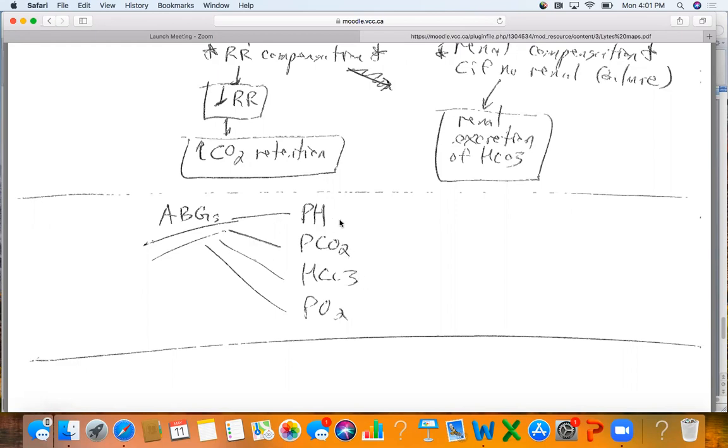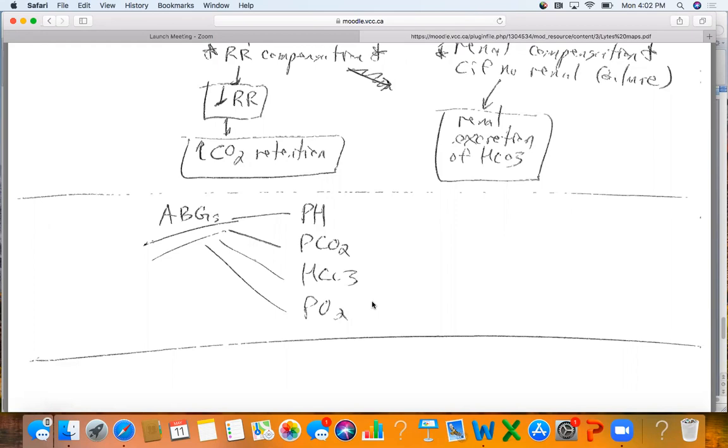PCO2 and bicarb, which you've talked about, and of course looking at O2 as well. We didn't talk much about O2, and we'll probably leave it out for now because the impacts of low O2 are pretty obvious to you, and they're not essential at this point for figuring out the pH status of a patient.